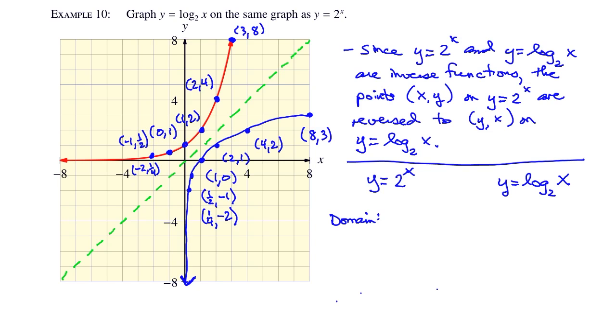Now recall from the section on exponentials, the domain of the exponential is -infinity to infinity. If I switch that over to the inverse, that becomes the range. So the range of log base 2 of x is negative infinity to infinity.